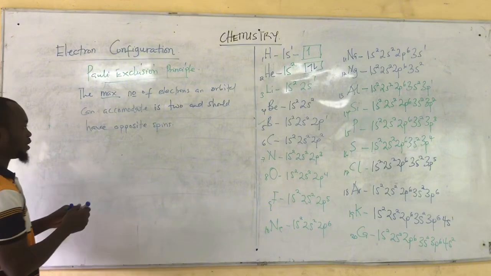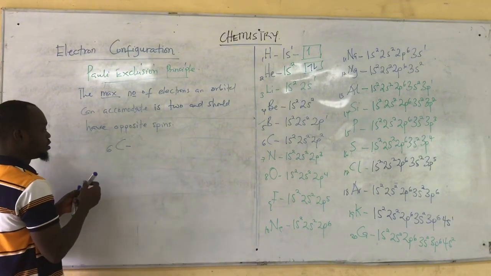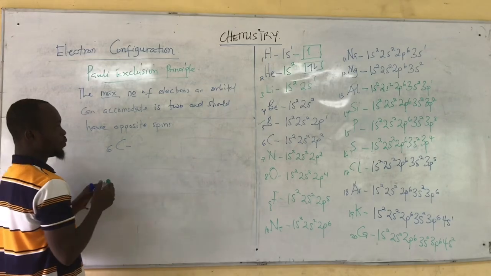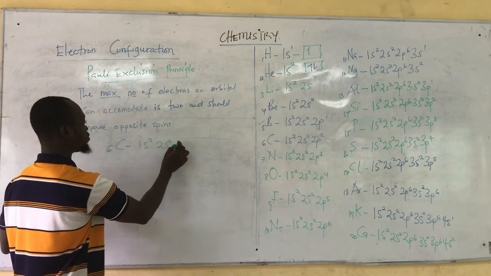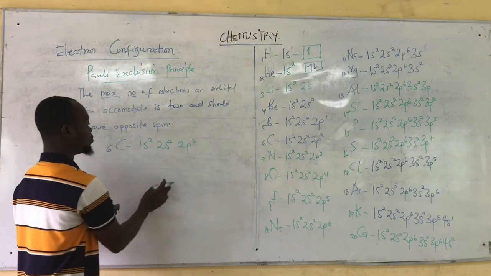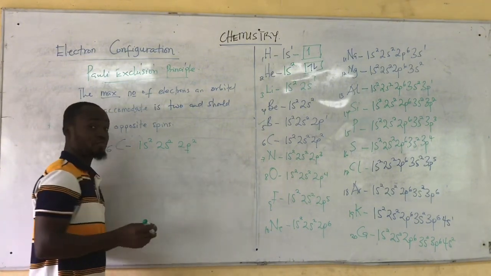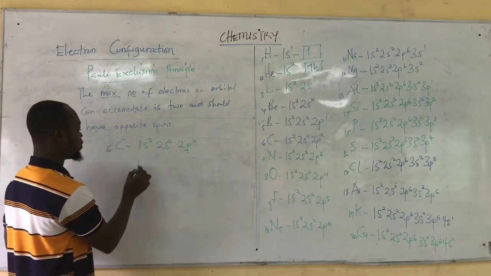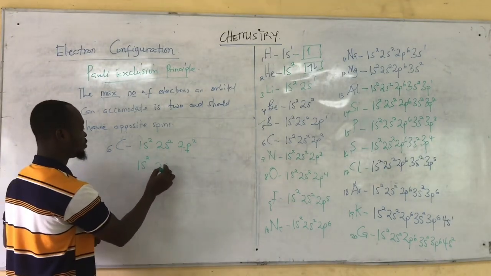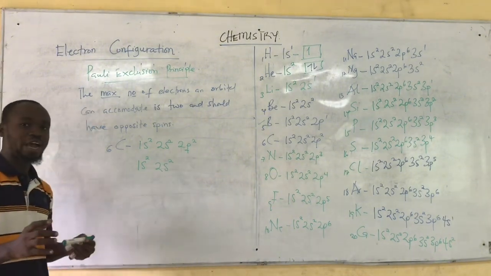Let's take some example here for further clarification. Let's take carbon. Carbon is atomic number 6 with a configuration 1s2, 2s2, and then 2p2. But we shouldn't forget that the p orbital exists in 3 forms, so we need to break it down. So we have the 1s2, the 2s2, but the p exists in the x, y, and then the z.